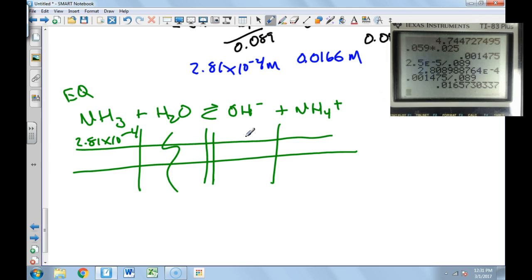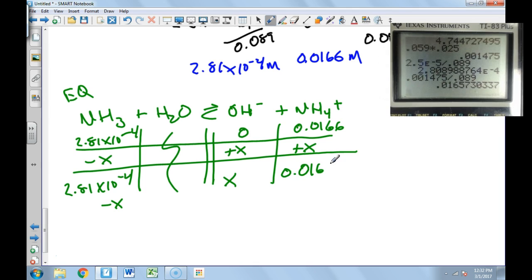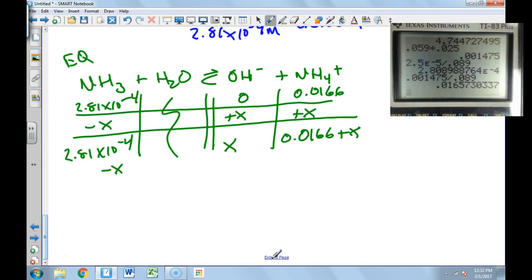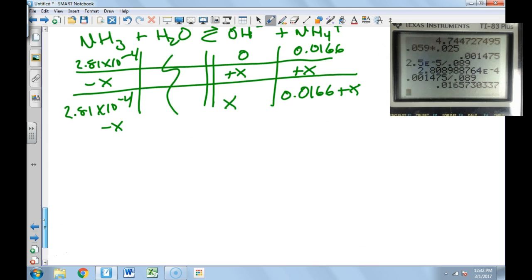This doesn't matter. This we don't know. And this is 0.0166. So this is minus x, plus x, plus x. And so this is 2.81 times 10 to the minus 4 minus x. This is x, and this is 0.0166 plus x. Whew. Okay. Crazy, crazy.